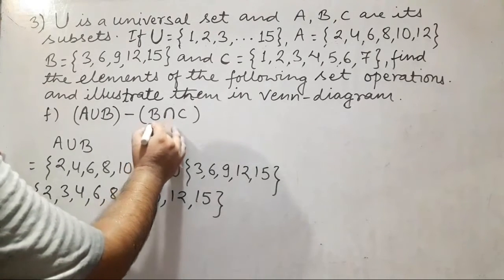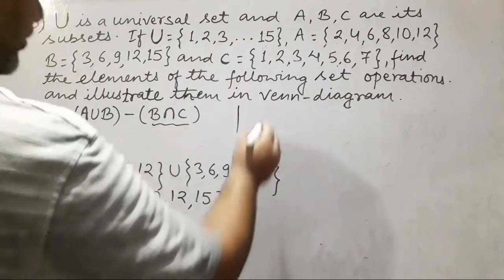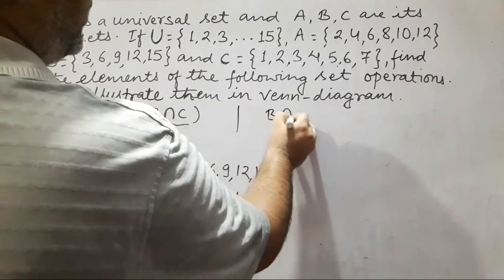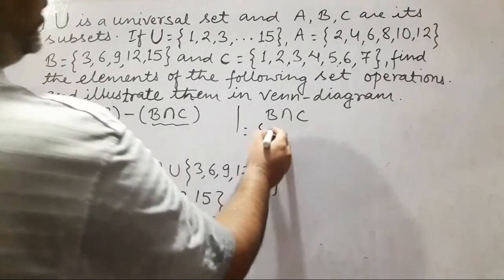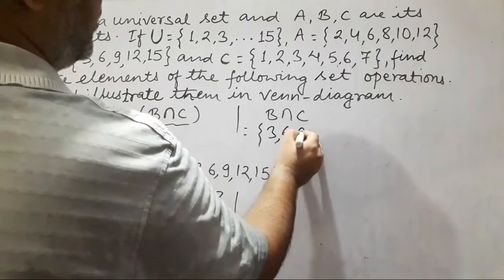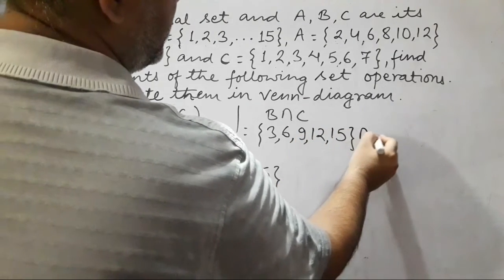Now we shall find out B intersection C. So what are the elements in B? 3, 6, 9, 12, 15. Intersection.